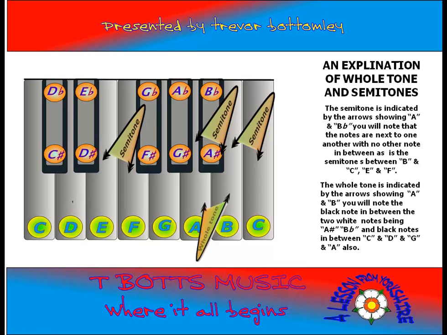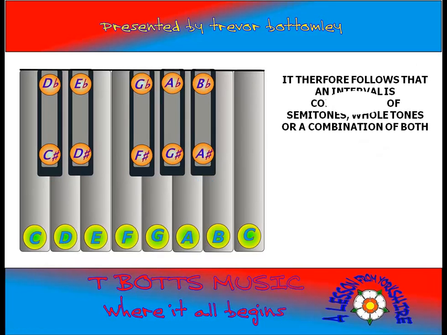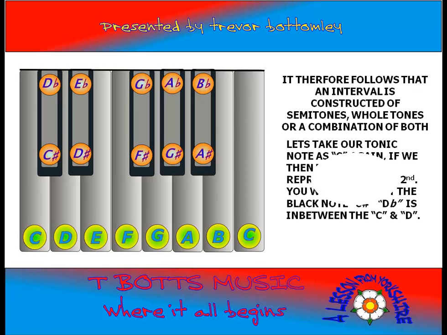The black notes in between C and D and G and A also. It therefore follows that an interval is constructed of semitones, whole tones, or a combination of both.